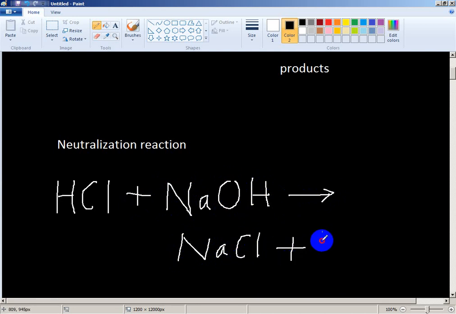I gave this example. All acid-base reactions, neutralization reactions, are exothermic reactions. Here heat is released to the surroundings. This is one example: hydrochloric acid and sodium hydroxide form sodium chloride and water. This is an exothermic reaction. All neutralization reactions, acid-base reactions, are exothermic.